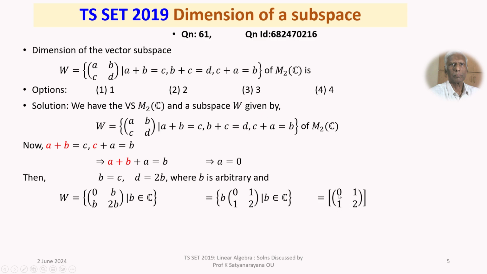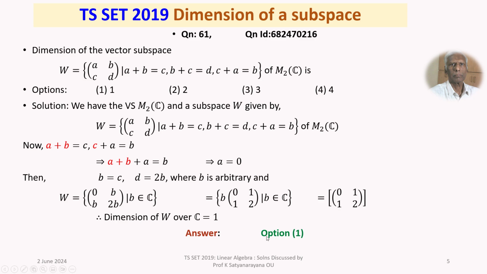Only one, the matrix 0, 1, 1, 2. So, what is the dimension? The dimension is the number of elements in a basis. So, the dimension of W over C is 1. Let's look at our options. And our answer to this question is option 1.